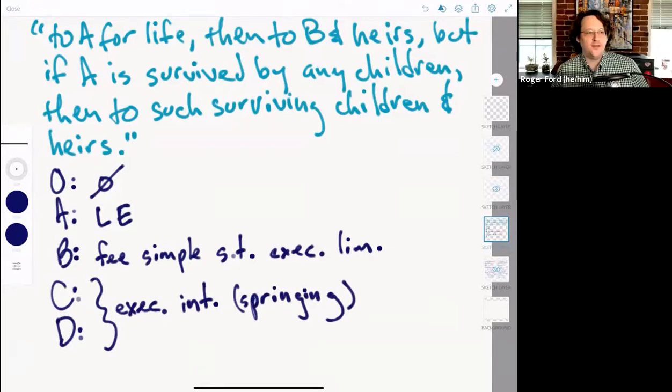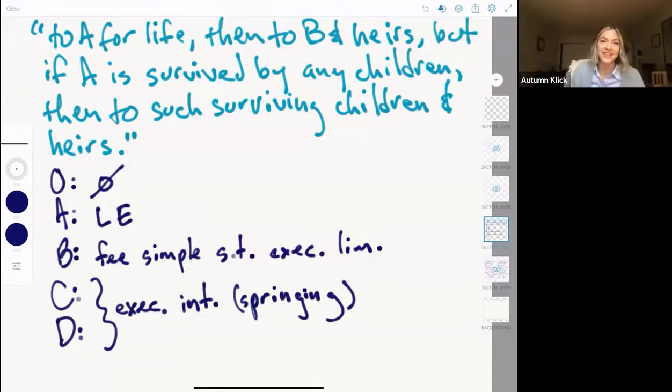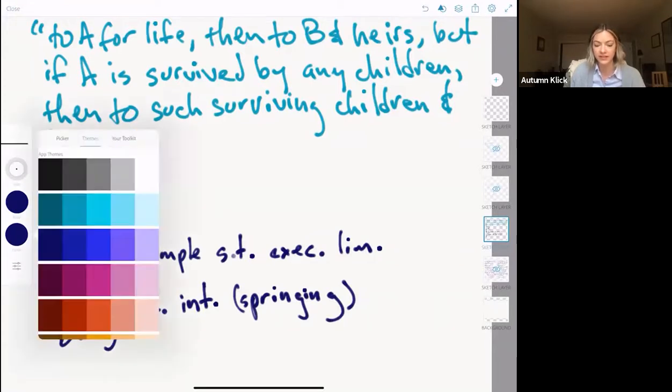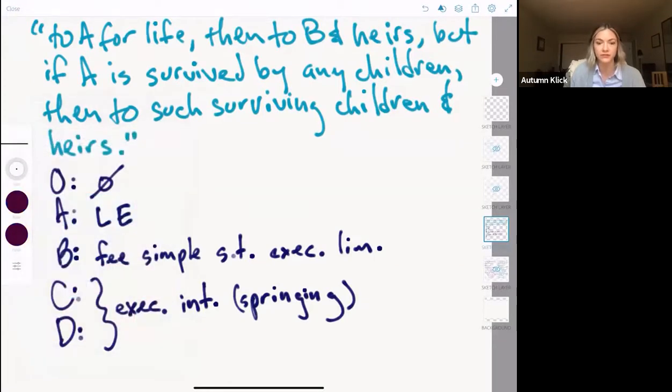Okay, who has thoughts on this? Ms. Click? I could have this very wrong, but I had it the same except for I had B having a vested remainder in fee simple absolute subject to divestment, and then C and D having a contingent remainder in fee simple absolute. Okay, hold on.